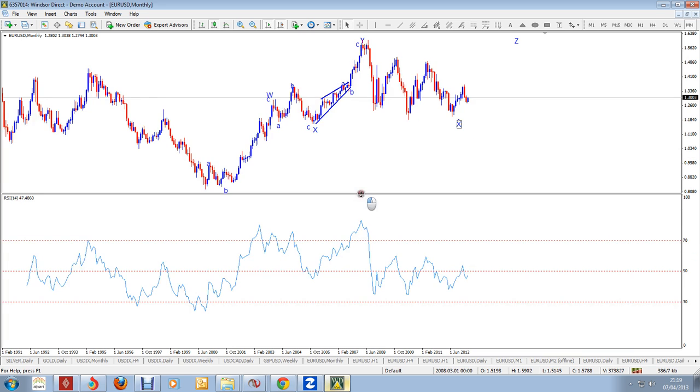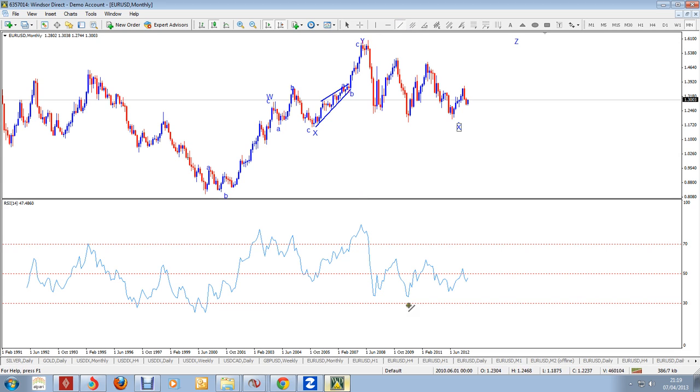Okay, so again I'm going to show you this one here. This is on a monthly chart. You see, that's what I see. So you see a triangle on the RSI, okay.